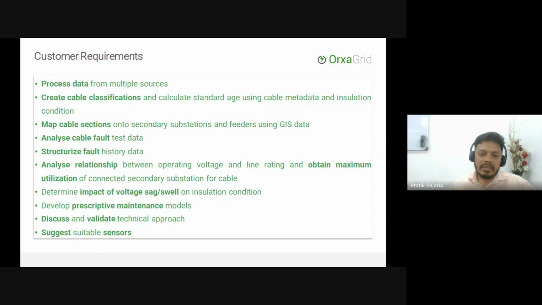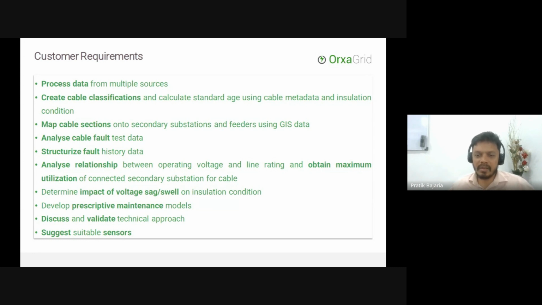Again, analyze the relationship. Once you have structurized your data and analyzed the faults which have happened on a feeder line or a cable line, you want to understand the difference between what it was actually sourcing versus the overall specifications given to that feeder line.